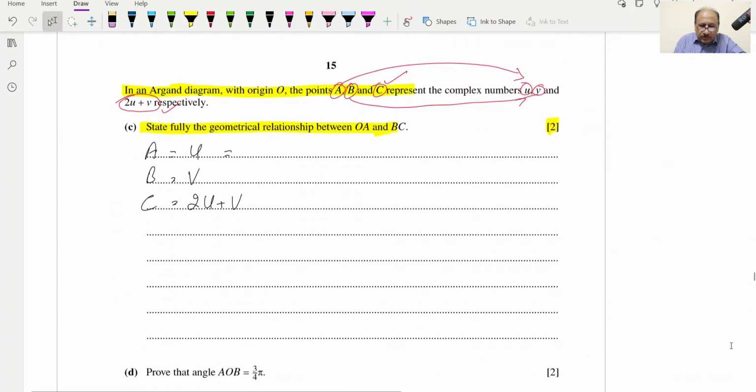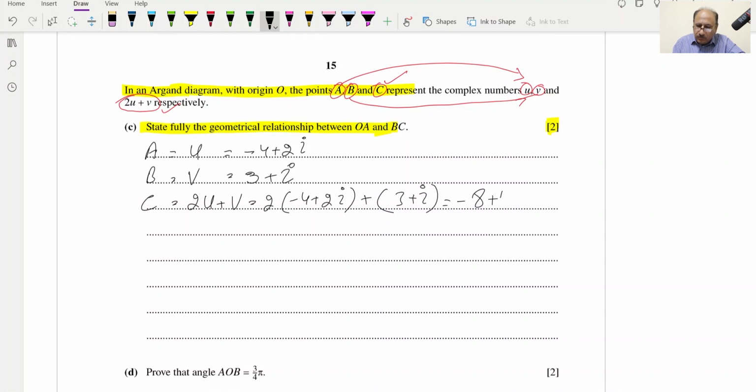So we will mention here U is -4 plus 2 iota, and V is 3 plus iota, and 2 into U will be -4 plus 2 iota, and plus V will be 3 plus iota, and we will open this, and this will be 2 into -4 will be -8, plus this will be 4 iota, and plus 3 plus iota, and this will be equal to -5 plus 5 iota.